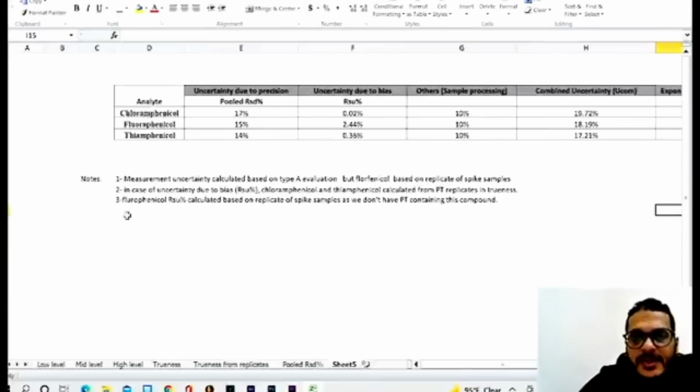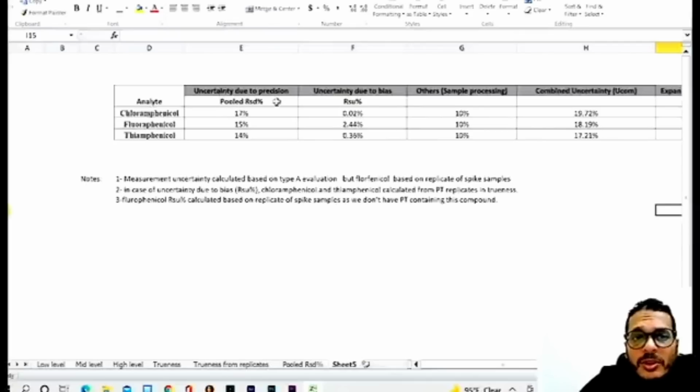I will take these results and calculate uncertainty, but here I calculated only the type A evaluation, not the type B evaluation, and I selected 10% for sample processing. But after that, as I told you before, inshallah, I will prepare a lecture only on how to calculate measurement uncertainty for sampling. It will be a very, very interesting lecture.